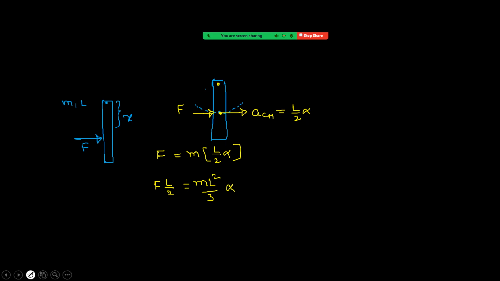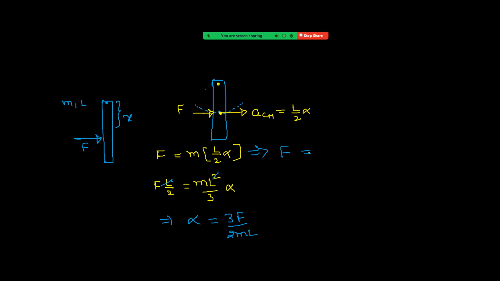Then see calculation part, which we can cancel here. L cancelled, 1L. From this alpha equal to 3F by 2ml.